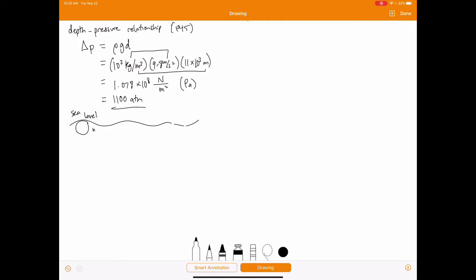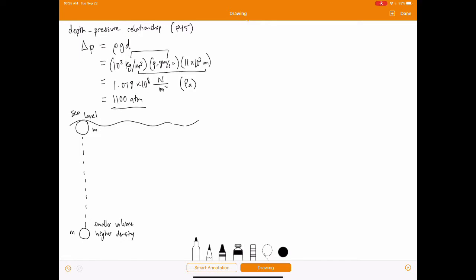Let's say it's mass M. Now, if we take a look at the same amount of mass of water, but at the bottom of the Marianas Trench, it's going to be compressed to a smaller volume and a higher density. So that same mass of water is going to take up a smaller volume when it's under this much pressure.